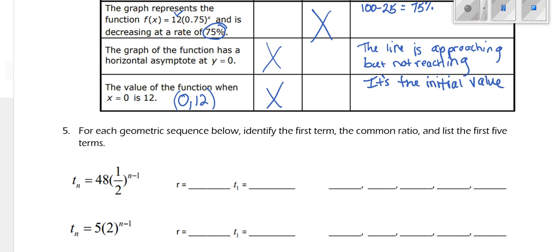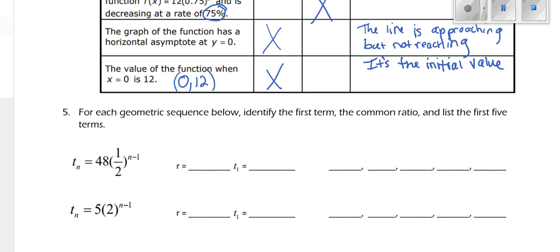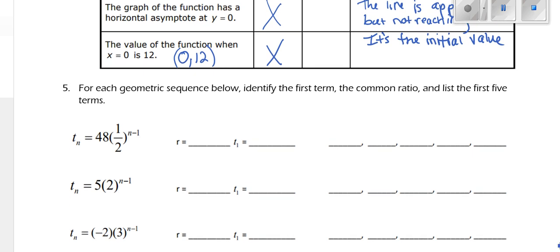Okay, for each geometric sequence, identify the first term, the common ratio, and list the first 5 terms. Okay, so my first term here is 48, and my common ratio is half. So I'll have 48, 24, 12, 6, and 3.